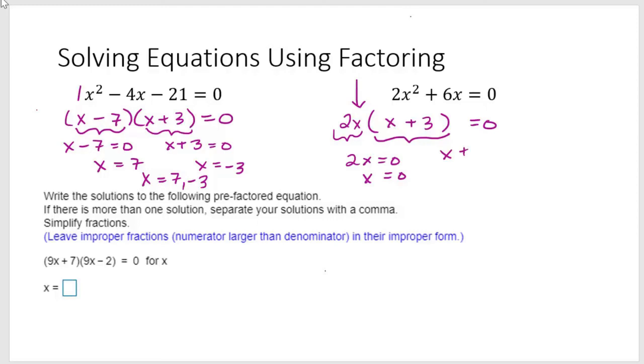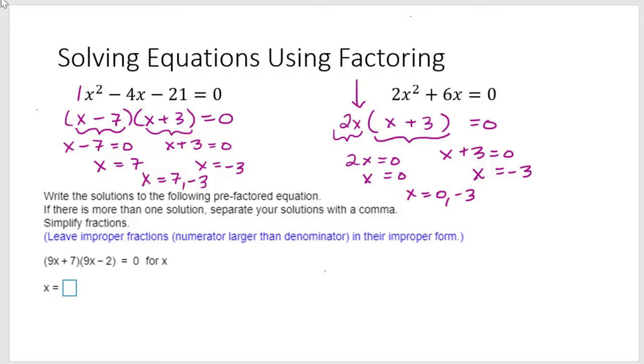Or maybe x plus 3 is the one we set to 0. That gives me x has a value of negative 3. If you take x equals 0 or x equals negative 3 and substitute it into the original equation, you'll of course get a true value as well. So we can summarize this as x is equal to 0 or negative 3.